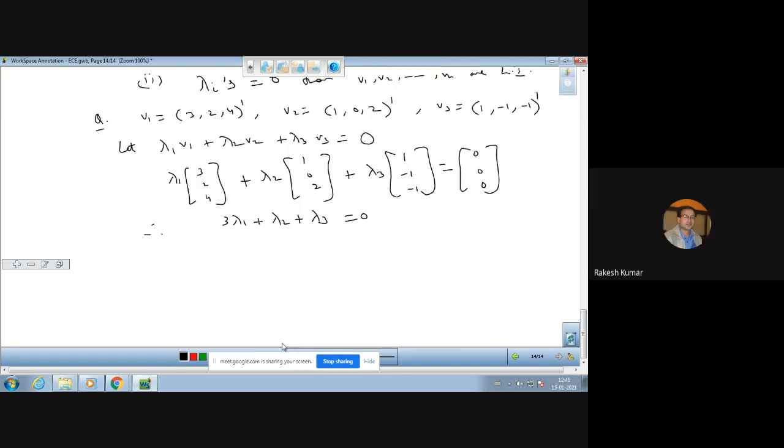And the second equation will be 2 lambda 1 plus 0 into lambda 2, that will be 0, minus lambda 3. Similarly, 4 lambda 1 plus 2 lambda 2 minus lambda 3 is 0. So these are the three equations we have.